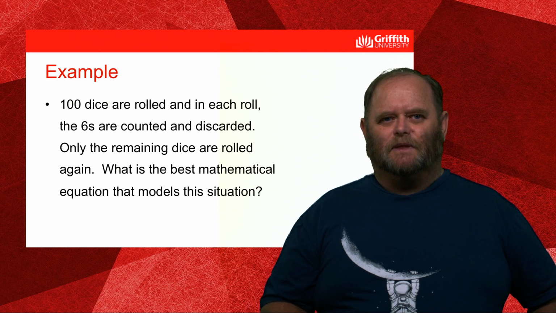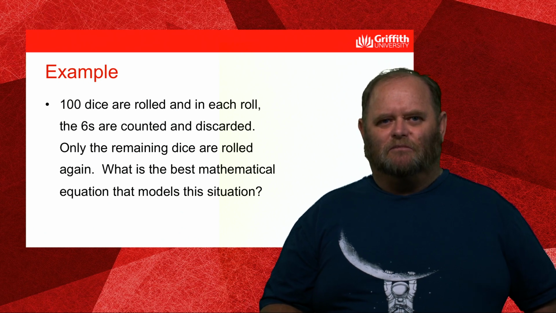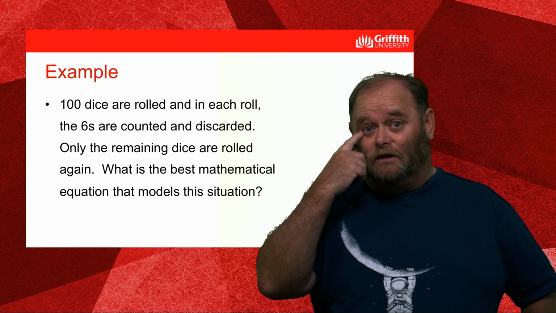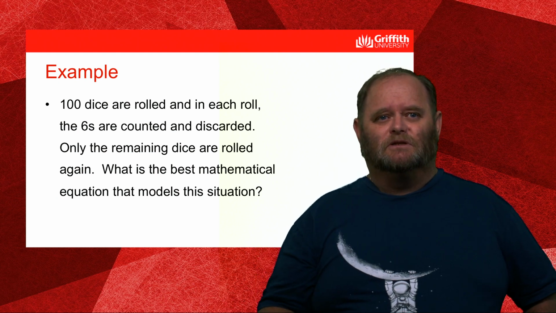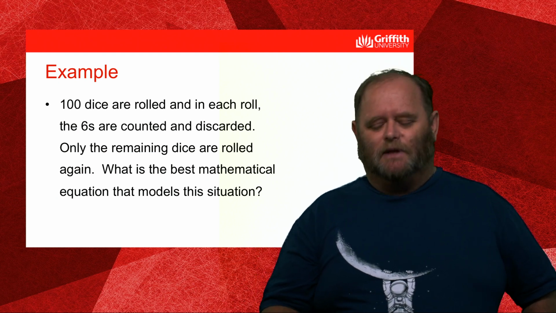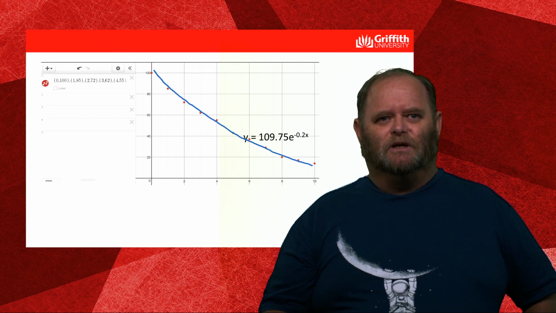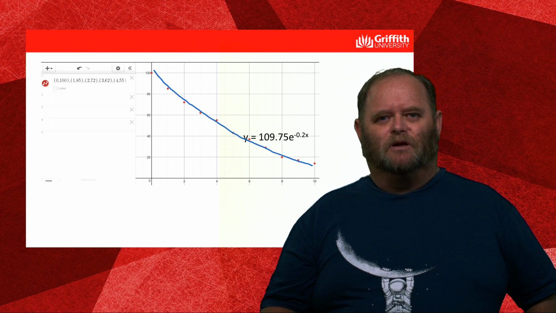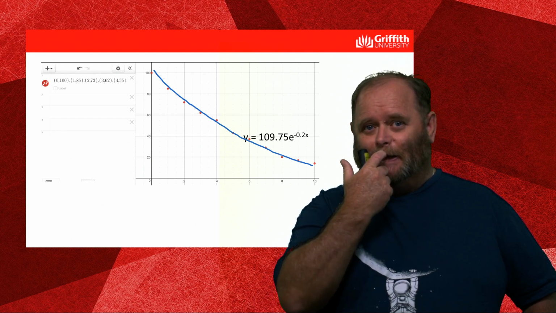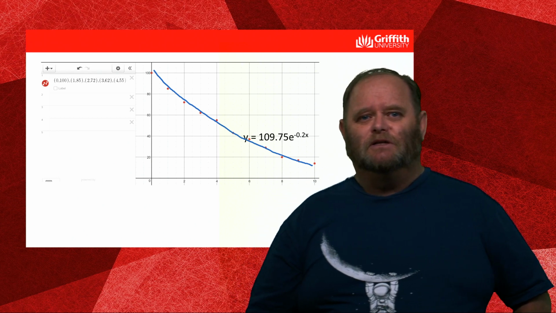So which is the best mathematical equation which models that particular question, the 100 dice and counting the sixes? When we do that, we get the data and plot it into some sort of function, and we get a mathematical equation for it.